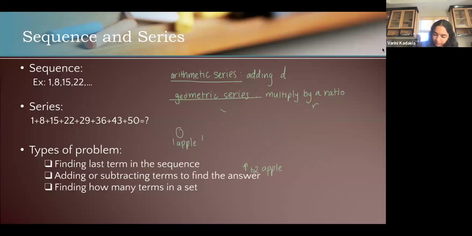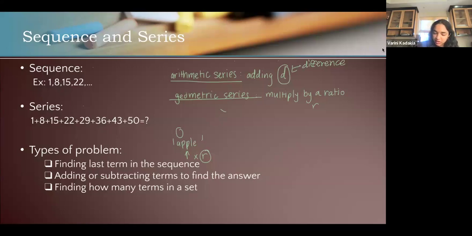So with a geometric series, instead of adding some d or difference, I'll explain the ratio now. In the geometric series, you'd multiply your first term, so let's say one apple, by some r, which is a common ratio between all the elements.